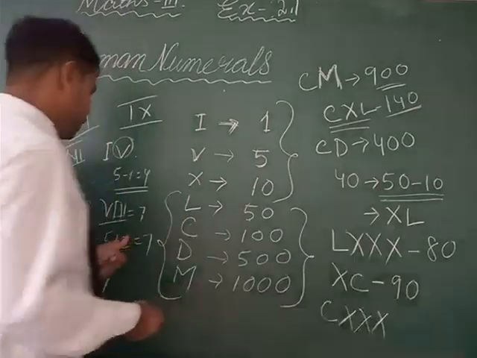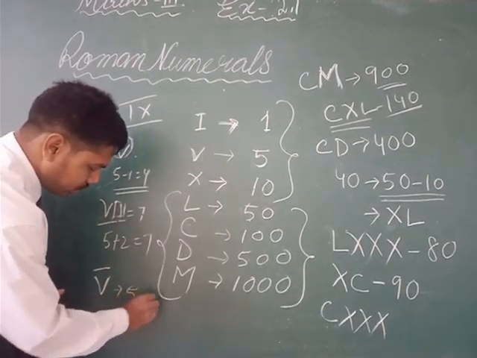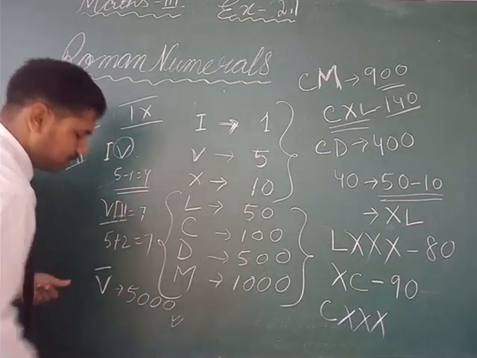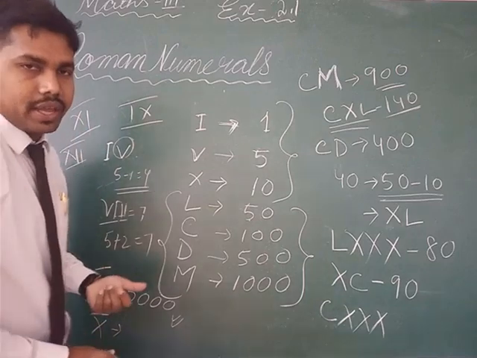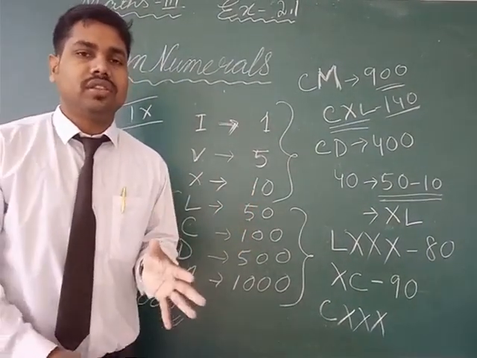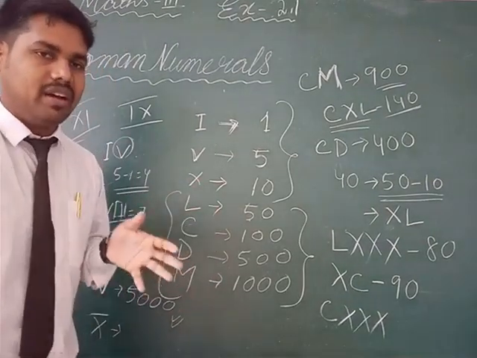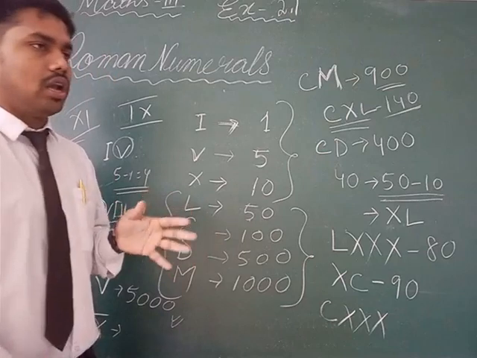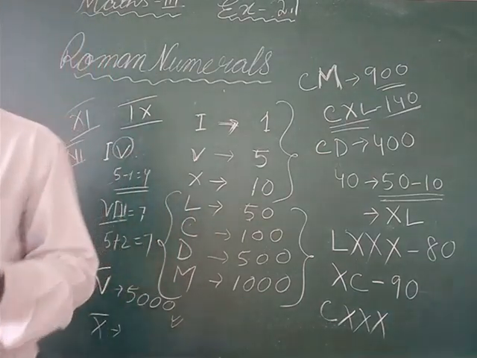So if I am writing this bar, that indicates 5000. Okay. Then if I am writing this bar, that means 10,000. Okay. So if you are writing bar above any number, that means that much of 1000. So I hope you understood very nicely about the Roman numbers, and you can solve all questions of exercise 2.1 by yourself.